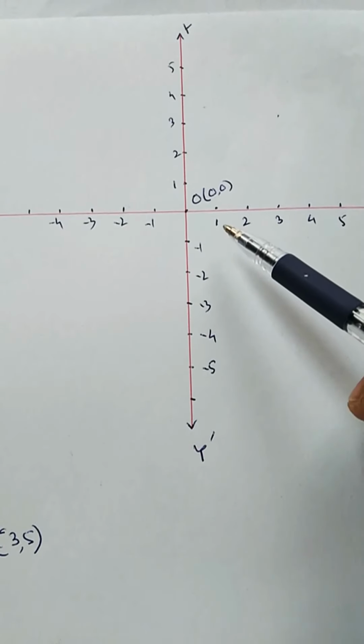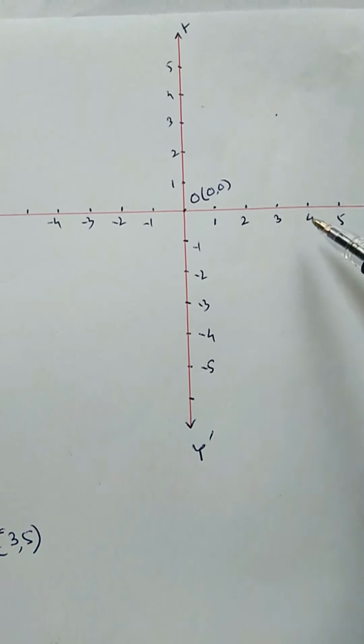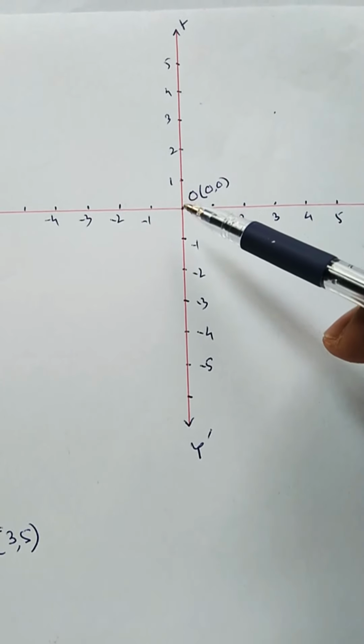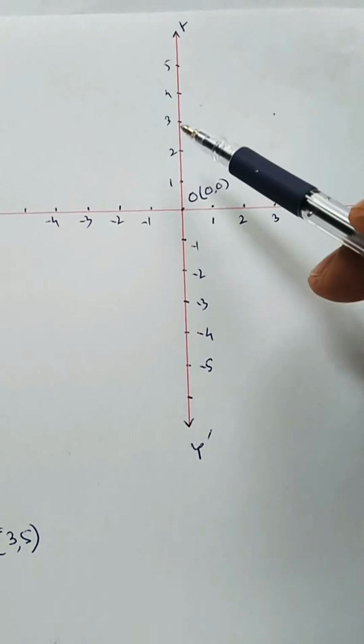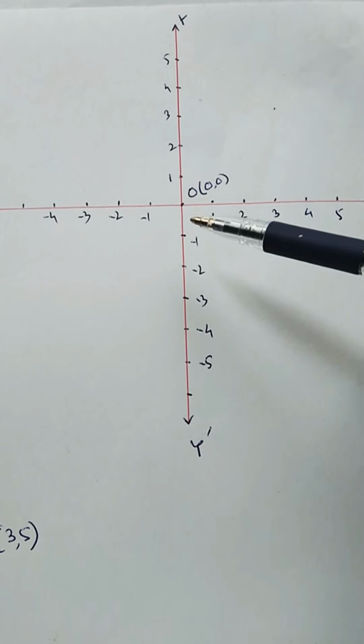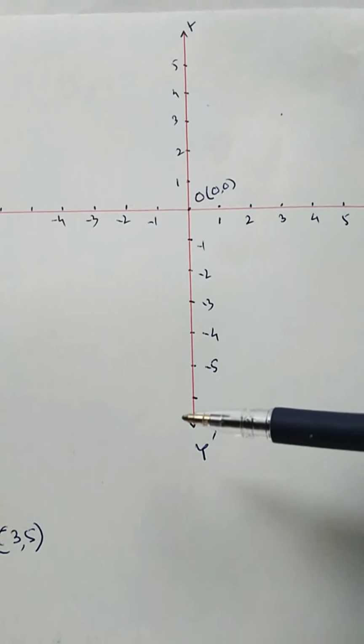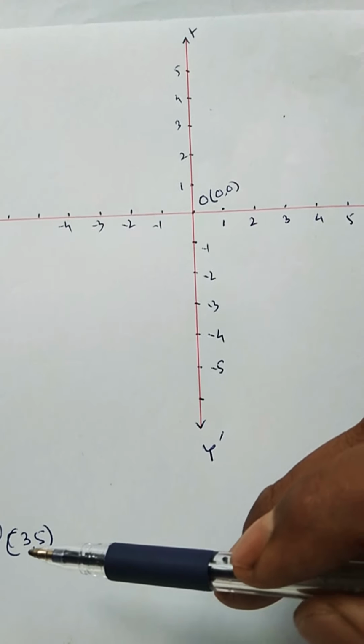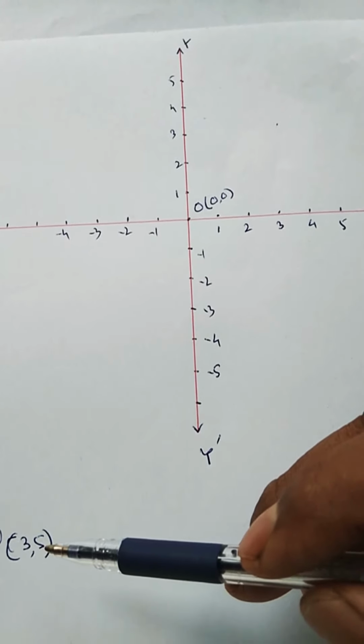Here we have 1 unit, 2 unit, 3 unit, 4, 5 like this. Left side it is negative units. On the y-axis 1, 2, 3 like this it will go positive, and below the x-axis it is negative. Now to locate this 3, 5, the abscissa is 3 and the ordinate is 5.